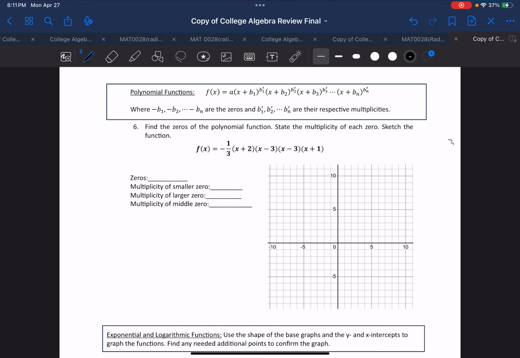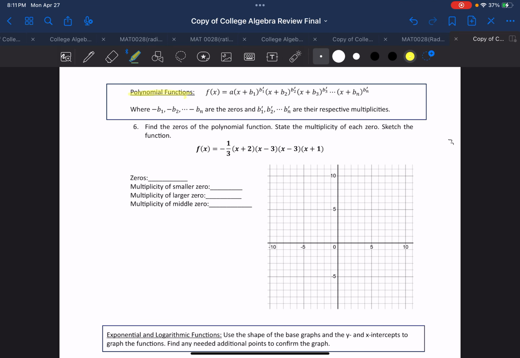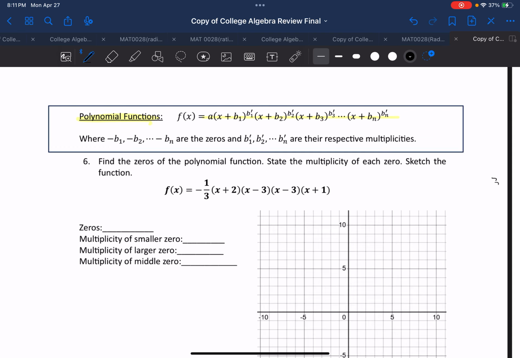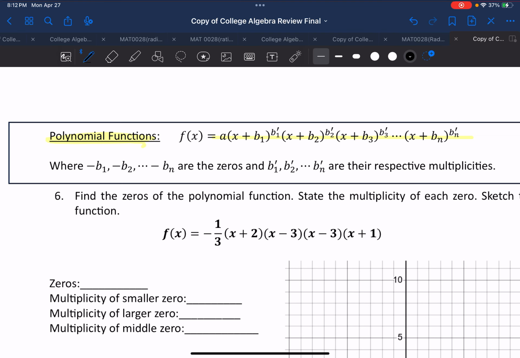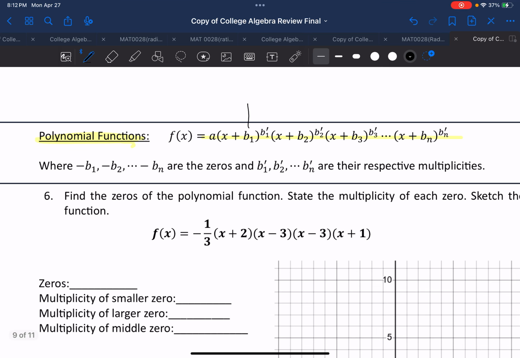All right, so the next one is about polynomial functions. So here's a general form of a polynomial function, and it's in its factored form there. So the opposites of the b1, b2, b3, those would be the zeros.